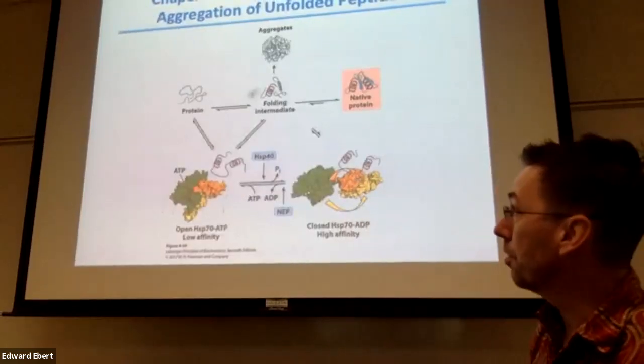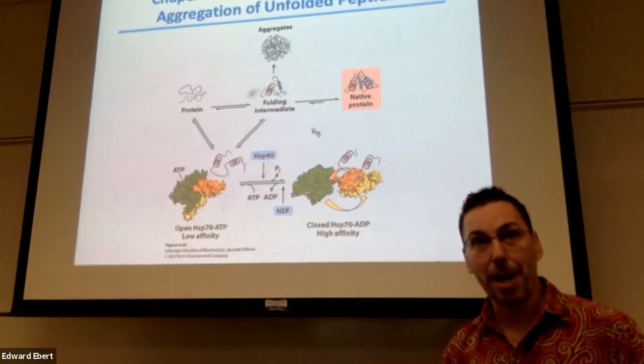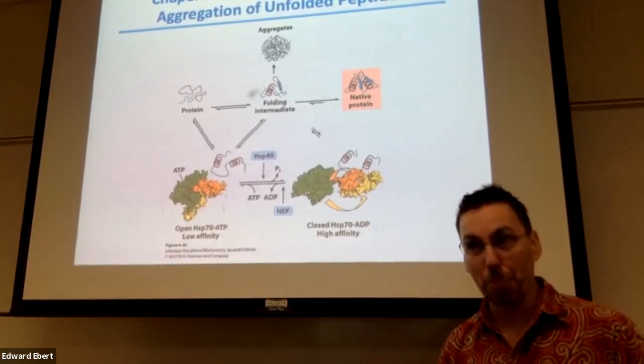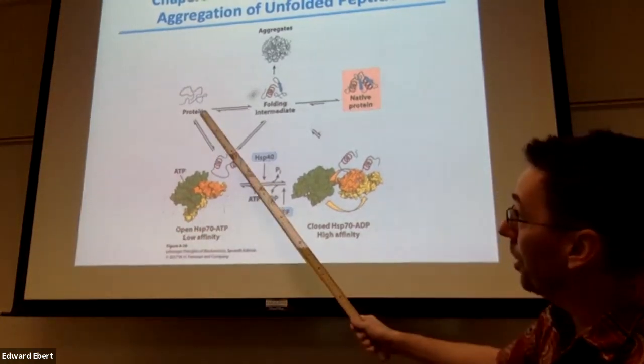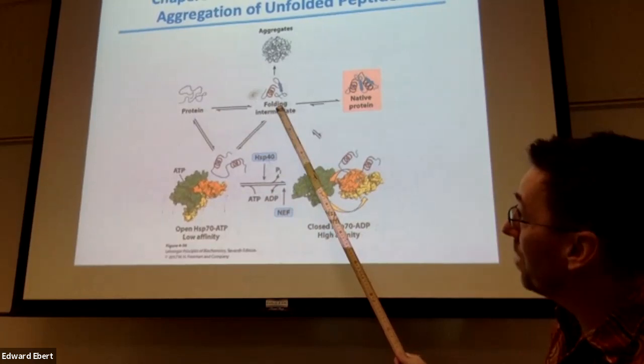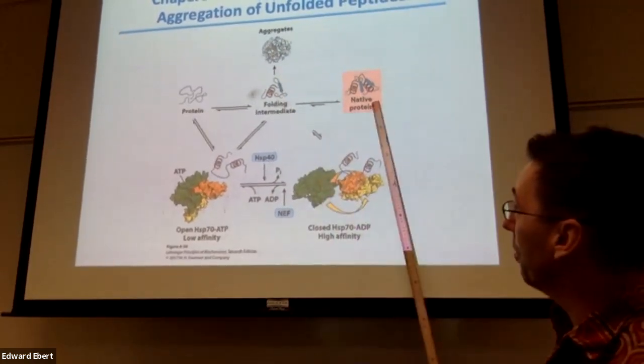So the more complex our proteins, the greater the possibility that we can have some of those somewhat stable intermediate states. If we take our protein, we get to the folding intermediate, we can make a mistake, have a big aggregation in there, and shoot it all up. We get to our native protein.